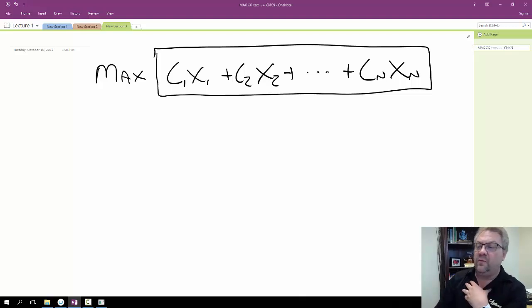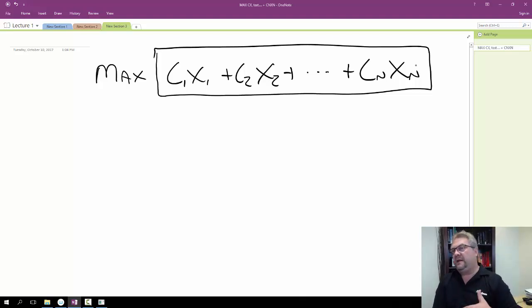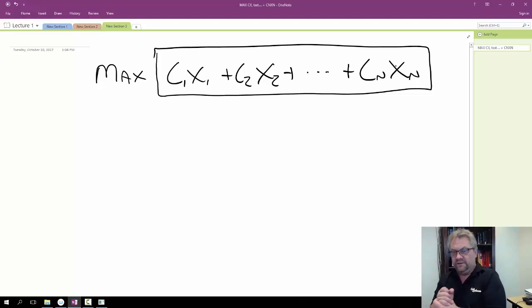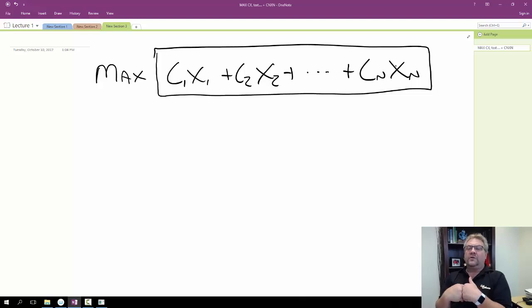And then the second thing that I want you to see is this n. We're not putting any restrictions on the number of choice variables that can be in your linear programming problem. So, n can be any number, okay? Secondly, these x's are akin to the cars, trucks, and SUVs. These are what we call our choice variables. These are the variables that the firm is going to choose.